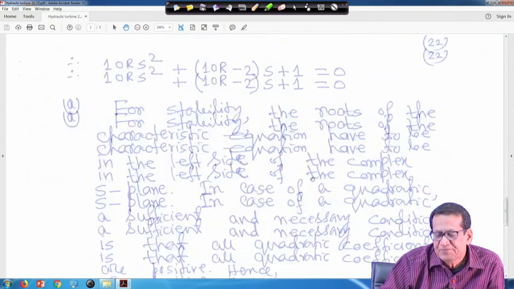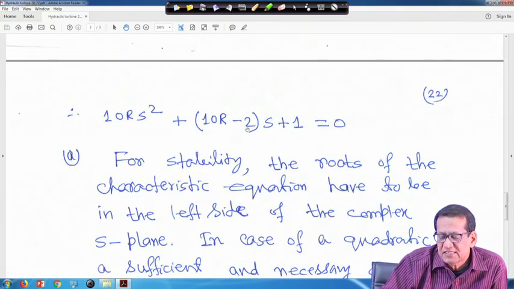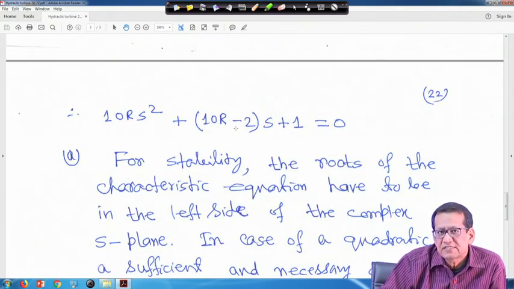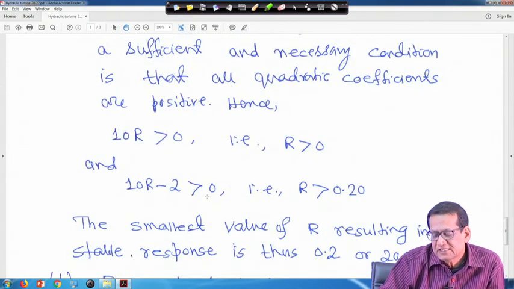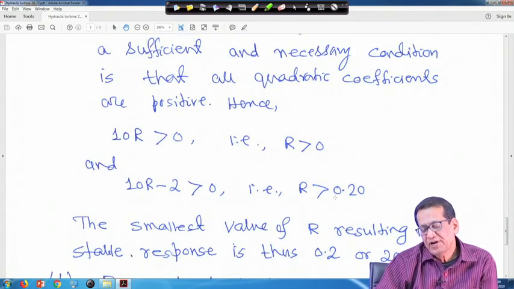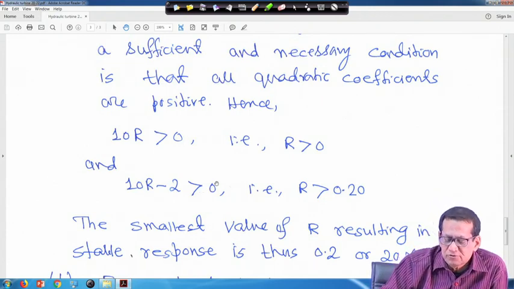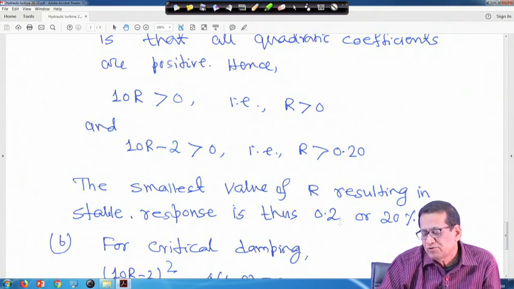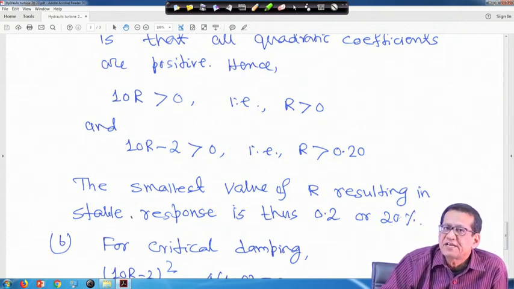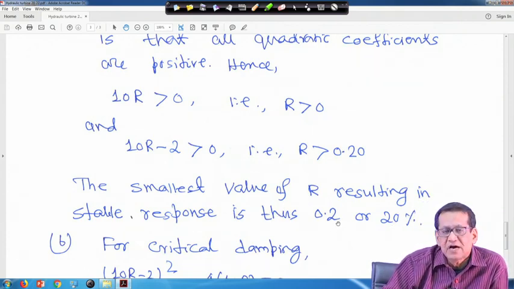Similarly, the coefficient 10 r minus 2 also has to be greater than 0. Therefore, 10 r minus 2 greater than 0, that is r greater than 0.2, because 10 r greater than 2. So, r greater than 2 by 10, r greater than 0.2, right. So, the smallest value of r resulting in a stable response is 0.2 or 20%, right. This is the smallest value of r.